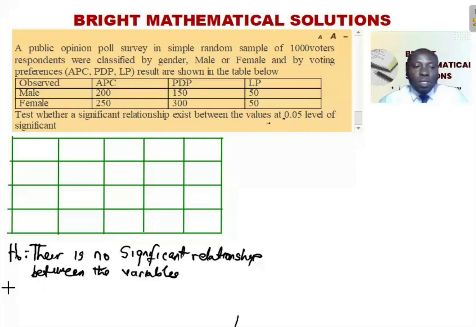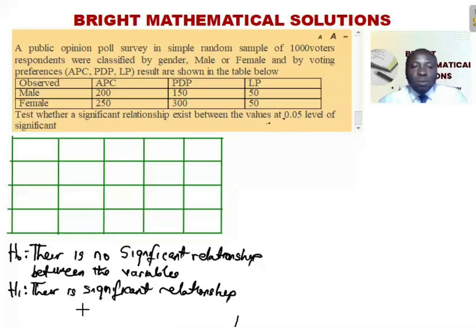Then we set the alternate hypothesis, which is H1, which says there is a significant relationship between the variables, because we are coming back to these statements after our calculation.